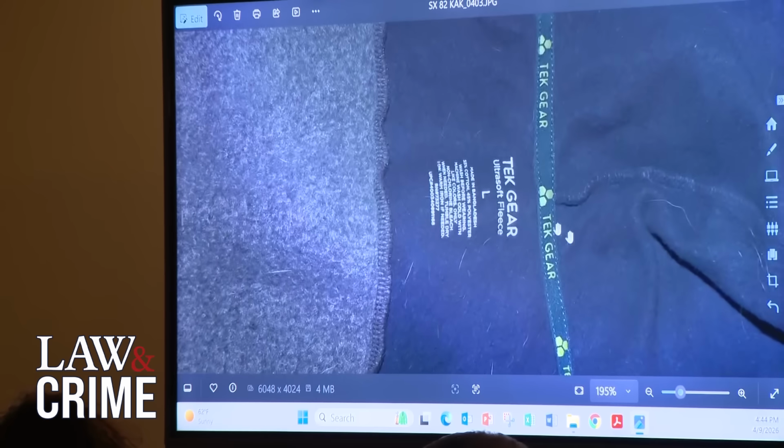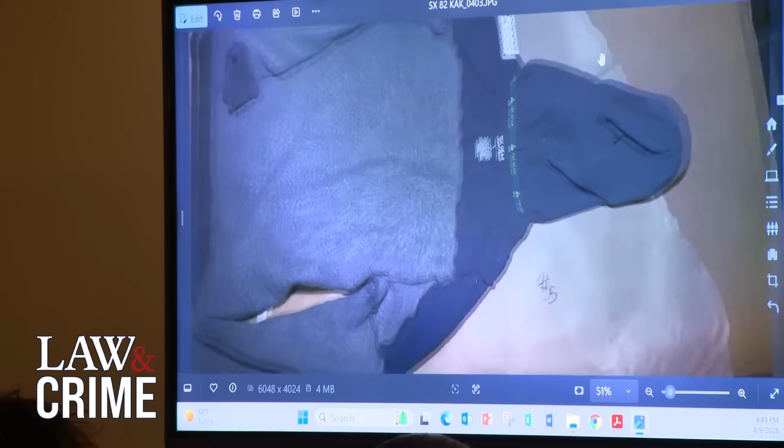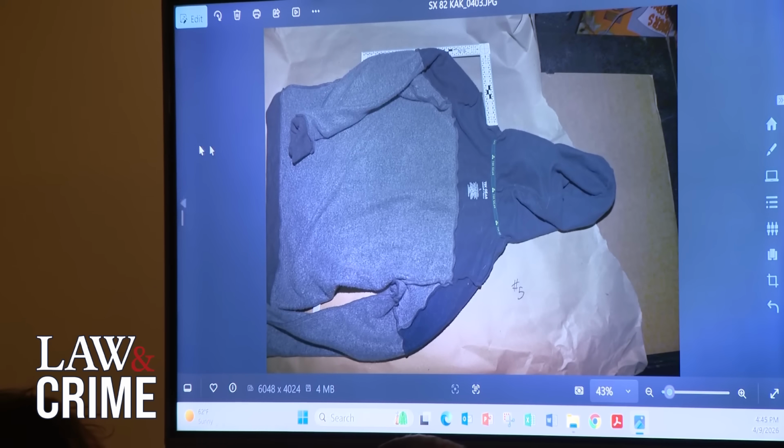And does that read large tech gear sweatshirt? Yes. So does that match the item that's listed in that bag? It does. And other than any type of resealing or labels from the lab, has it been altered in any way? No. Your Honor, at this time, the State offers into evidence State's Exhibit 87. Same objections, Mr. Gold? Yes, sir. Okay, those are overruled. State's Exhibit 87 is admitted. Thank you, Judge.